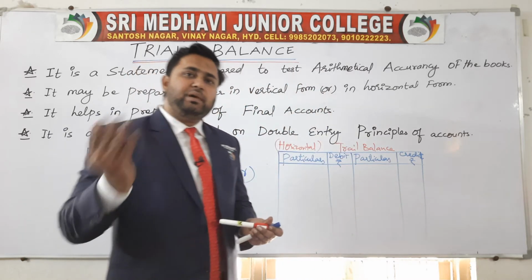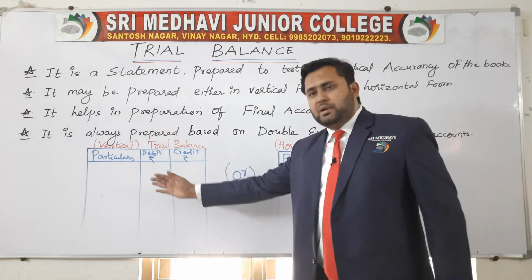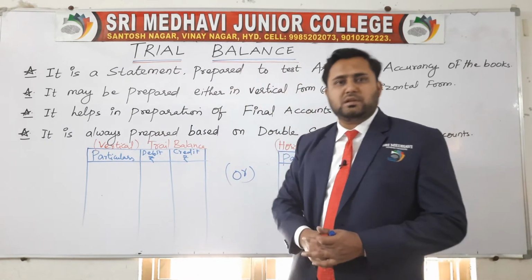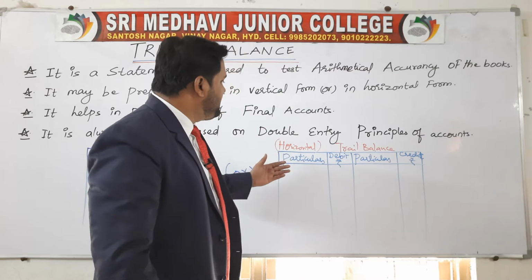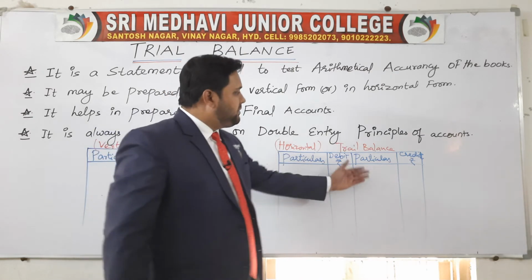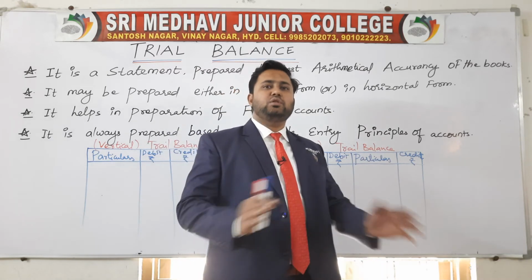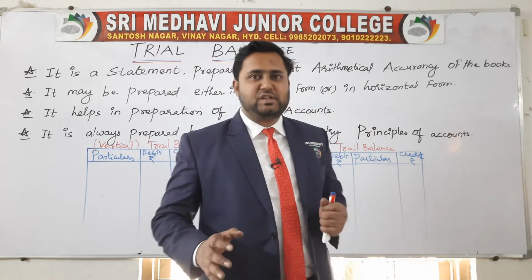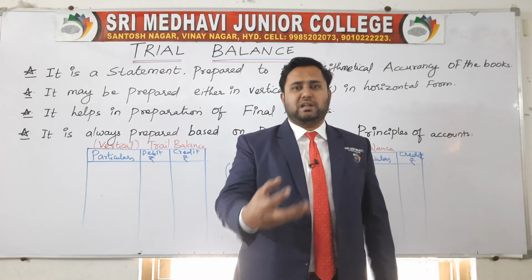So either you can prepare in vertical form, with particulars, debit and credit columns, or you can prepare in horizontal form, particulars, debit amount, particulars, credit amount. Both are correct. Trial balance is a statement which checks arithmetical accuracy.